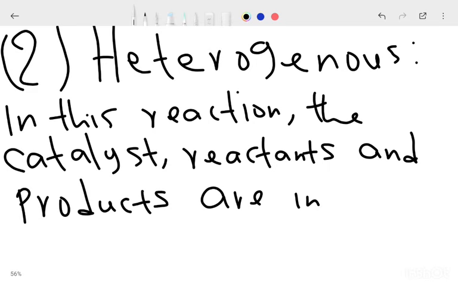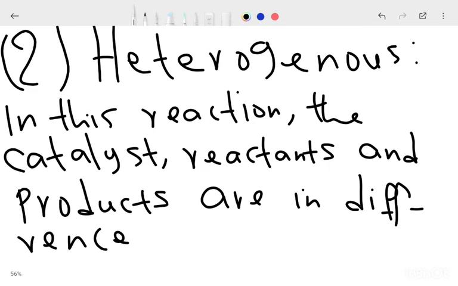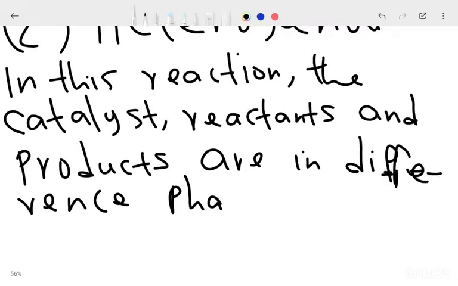Are in different phases. Okay, this one is then E. Are in different. This one is T. Sorry, this one is T. Are in different phase.